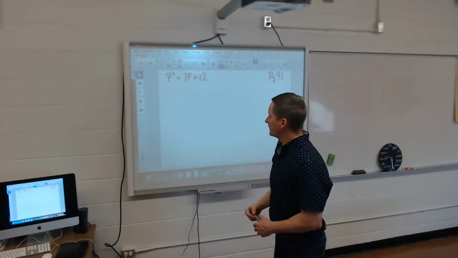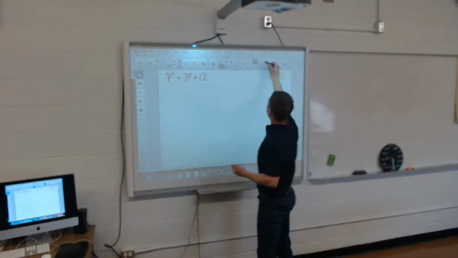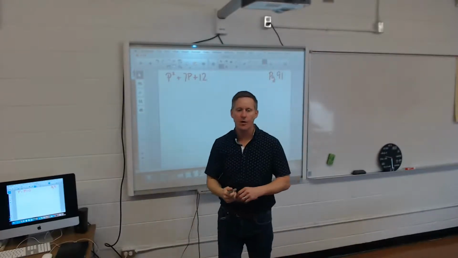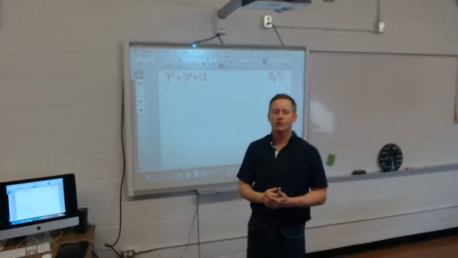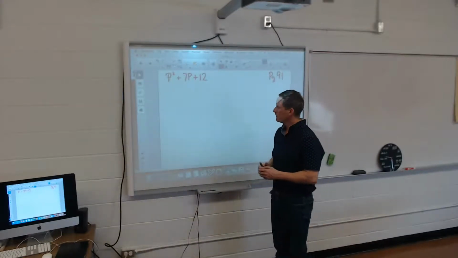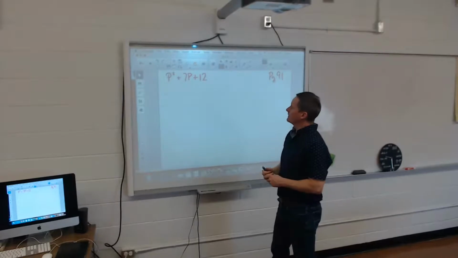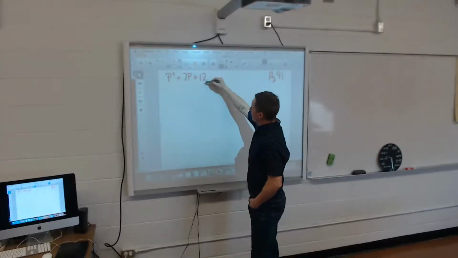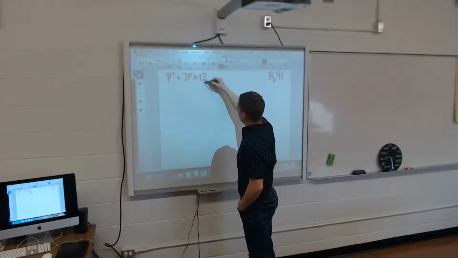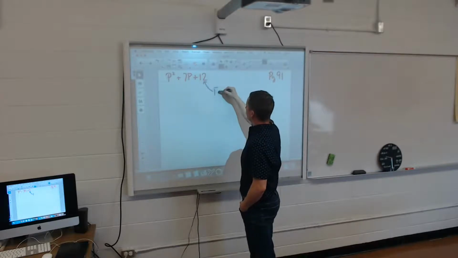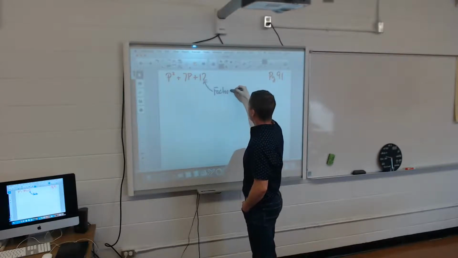Okay, now here's how factoring works, and the reason that I said we need to focus on our multiplication table. So what we're looking at doing is this right here. I want to find the factors of that number.